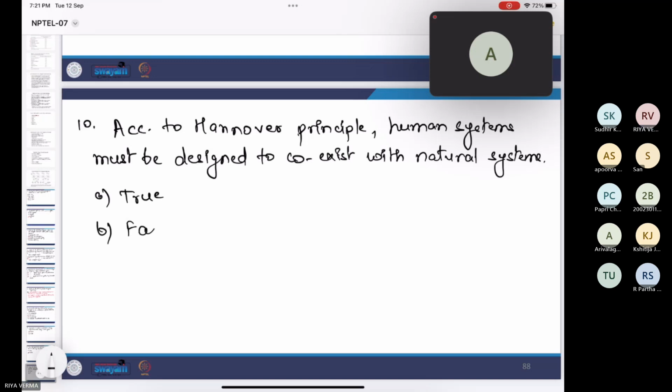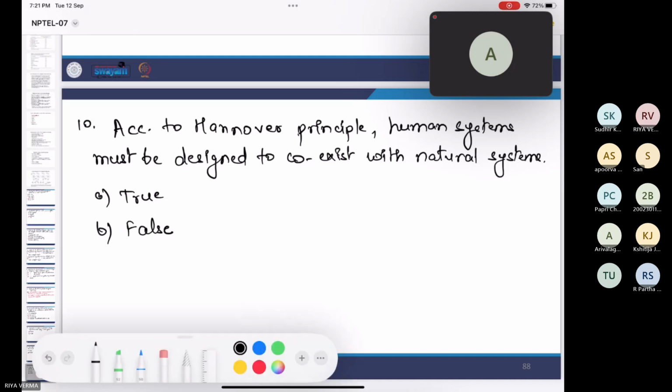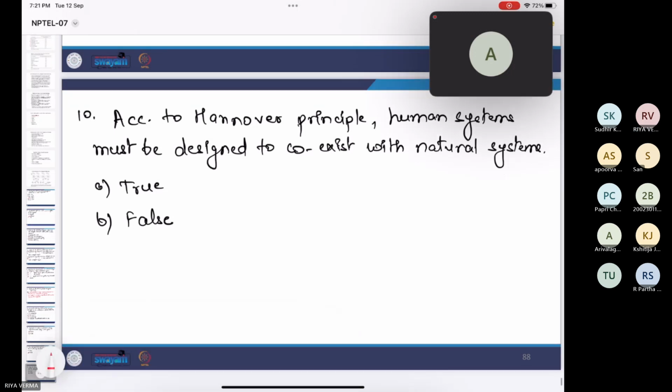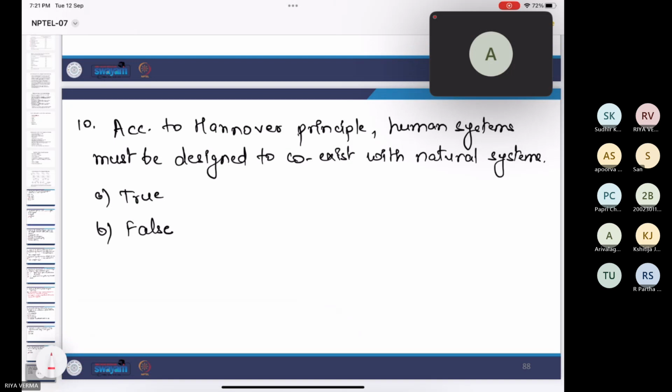The statement is, according to Hanover principle, human systems must be designed to coexist with the natural systems. Is it true or false? We have discussed this Hanover principle. True. Yes, it is true.